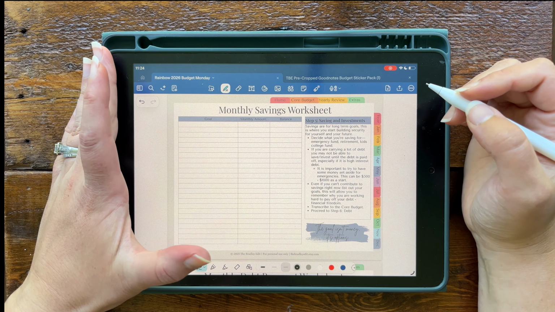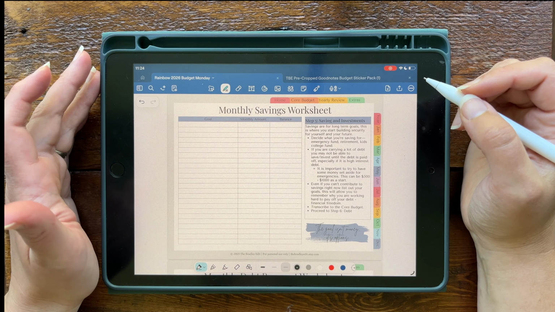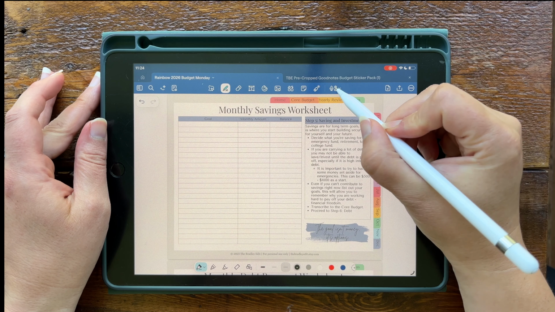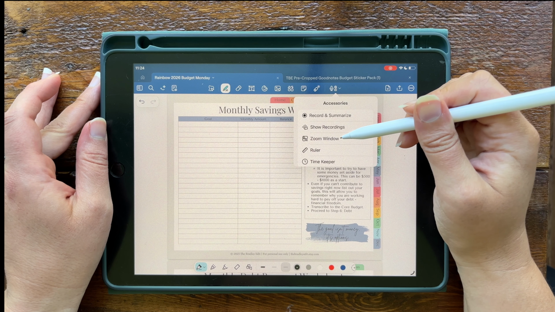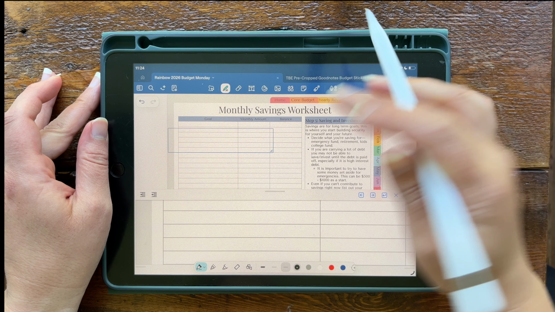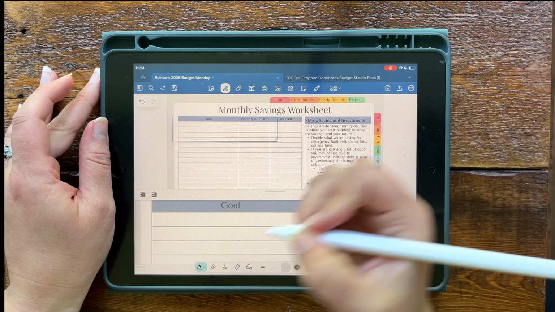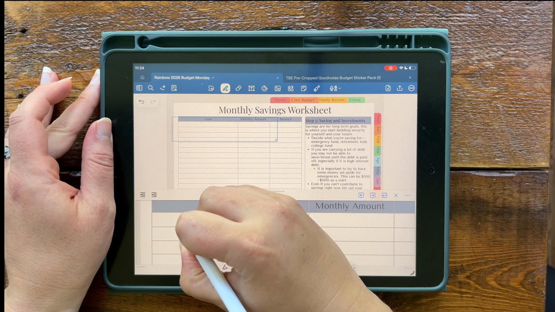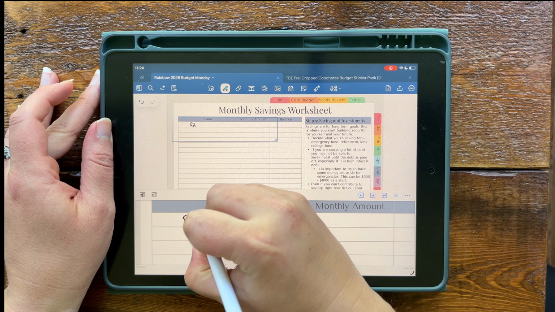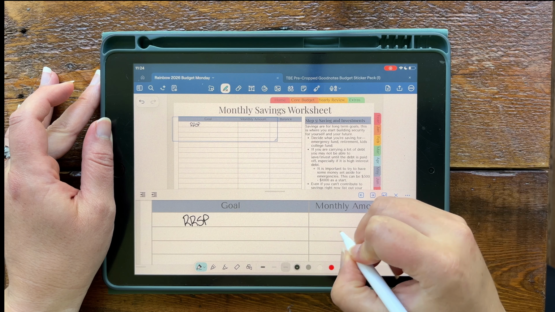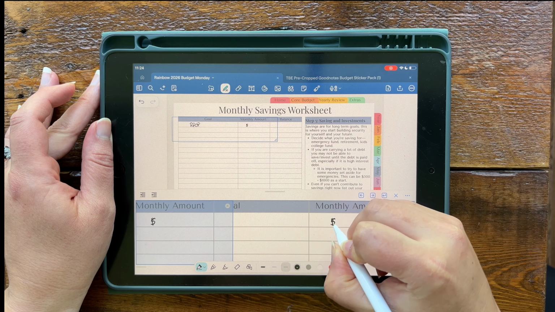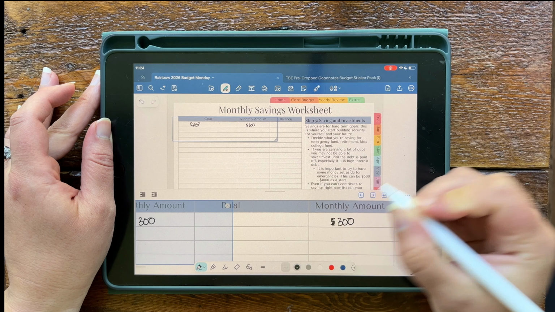Okay, so let's fill in our monthly savings worksheet. So we have an RSP, and we contribute $300 monthly to that.